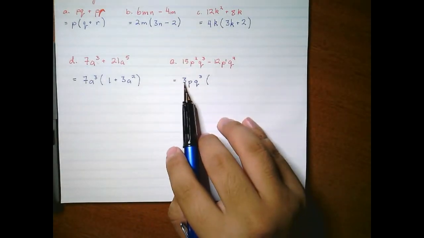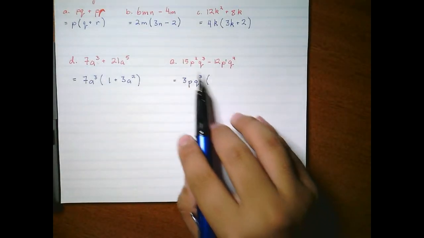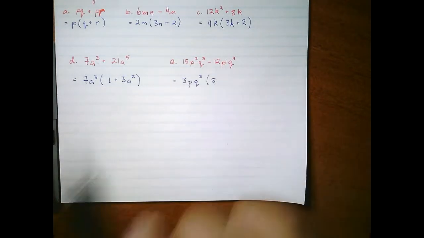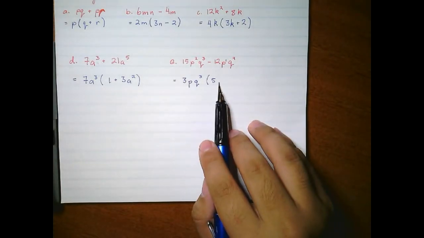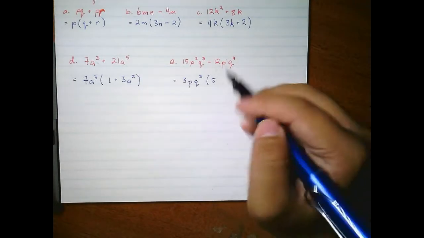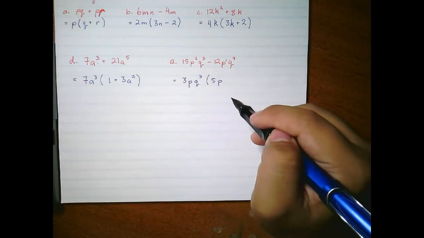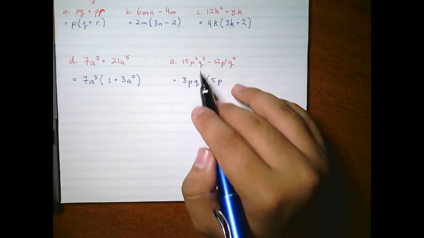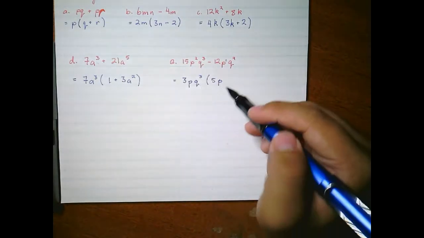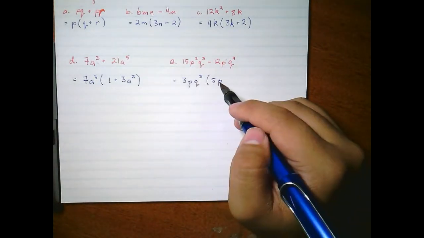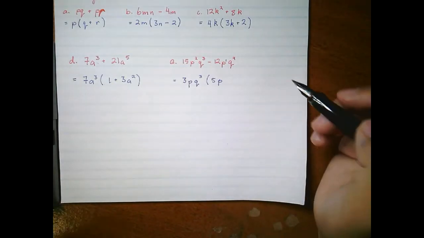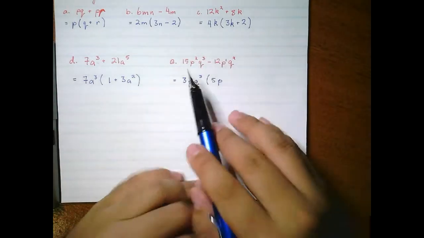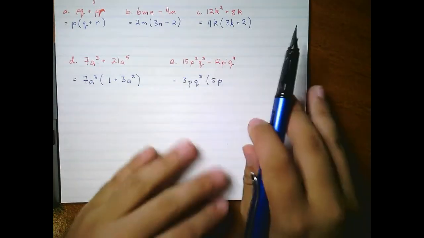Okay. 3 times what gets me 15? Well, that's going to be 5. P times what gets me P squared? Well, I need one more P. Q times what gets me Q cubed? Well, that's already there. We don't need to put a 1 because this is going to multiply with this to give that expression anyway. So this is the factorization. We're done with this section. So now let's move on.